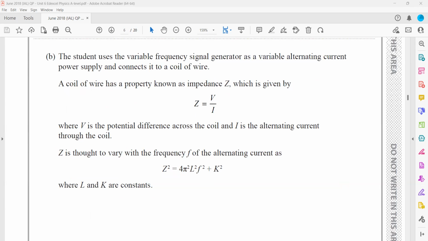So we have to measure the voltage and the current, and we have to measure the time period, and from the time period we'll work out the frequency. Using a voltmeter we'll get voltage, with current we'll get impedance, and then how do we work out the frequency? Frequency is the reciprocal of the time period. So using our oscilloscope, we'll work out the time period, and take its reciprocal to get the frequency.